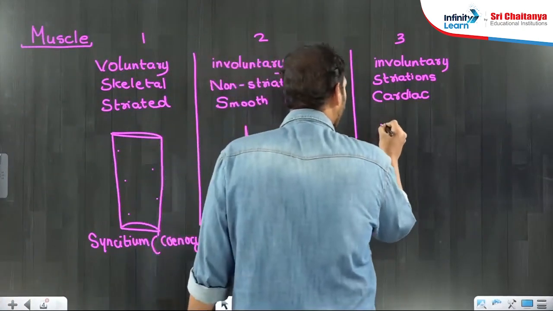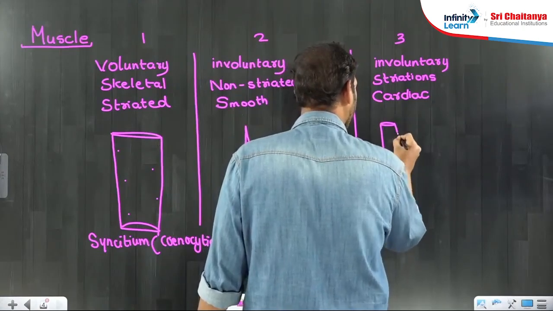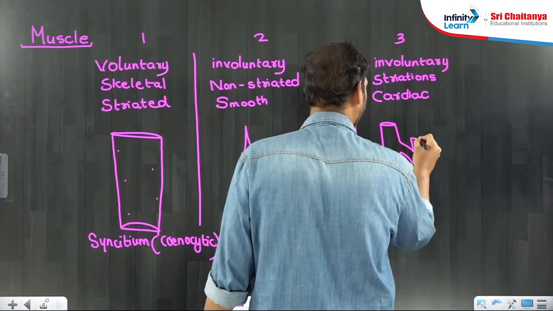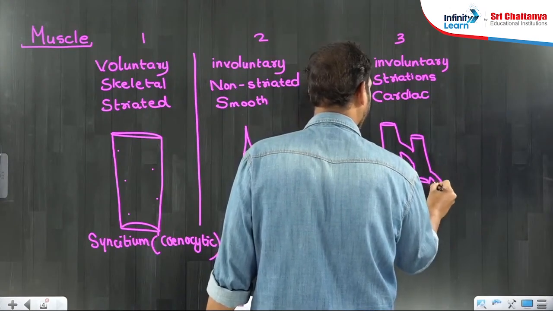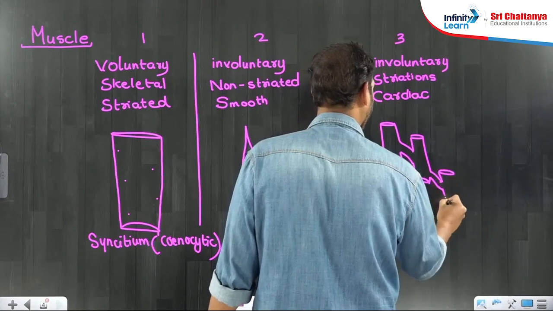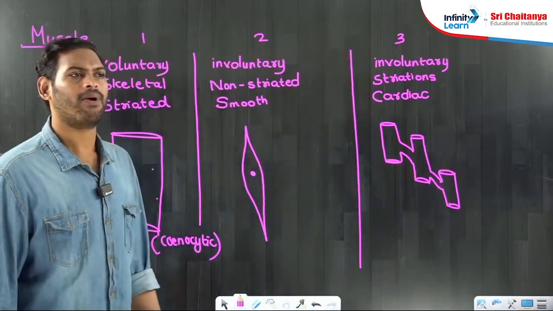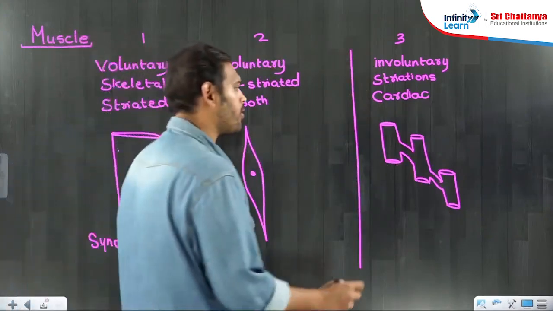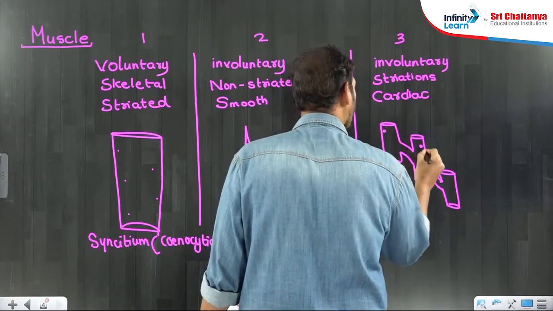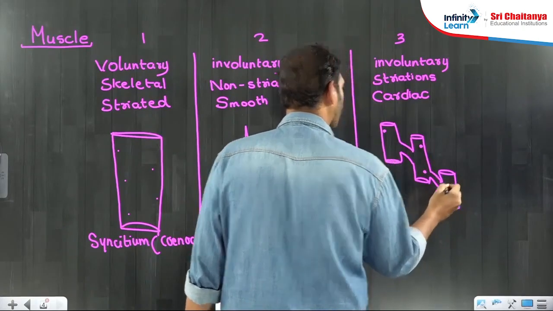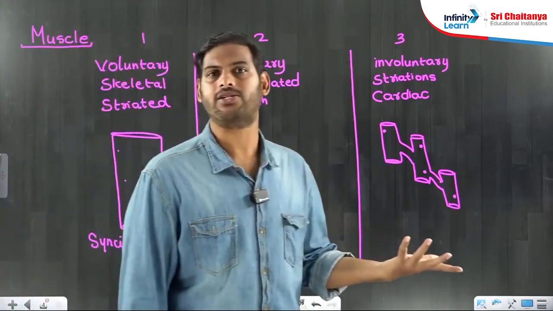They look like short cylinders, but they are branched. They may have a minimum of 1 nucleus to a maximum of 2 nuclei. So cardiac muscles are either uninucleated or binucleated.